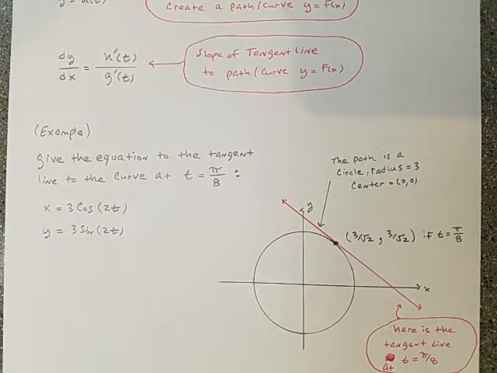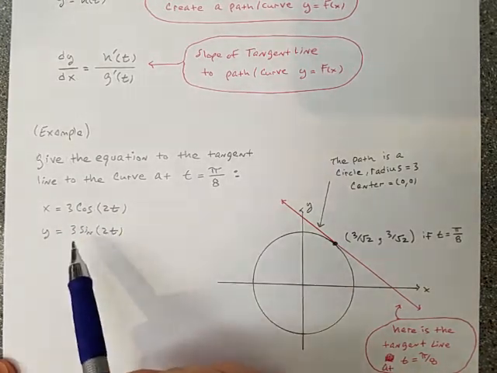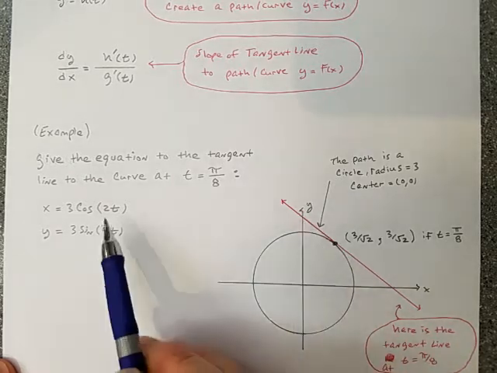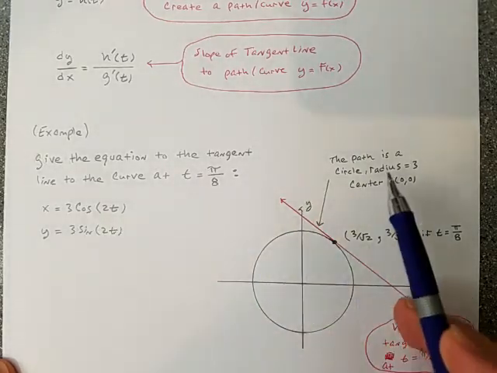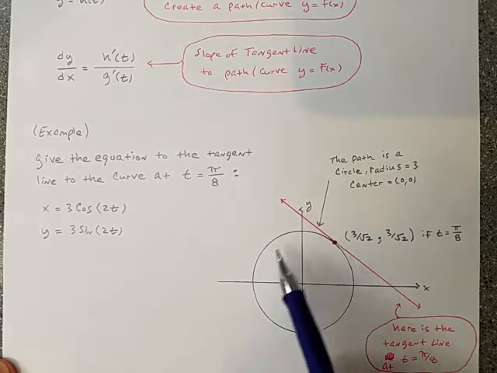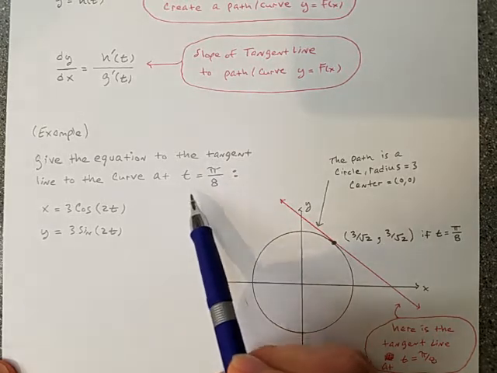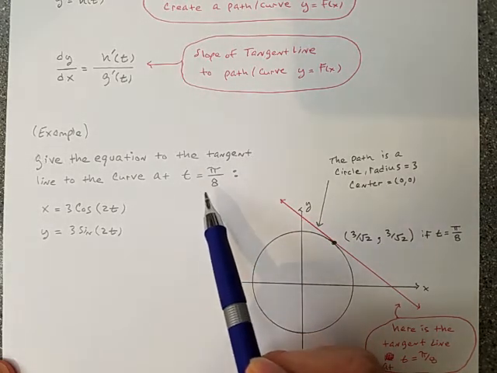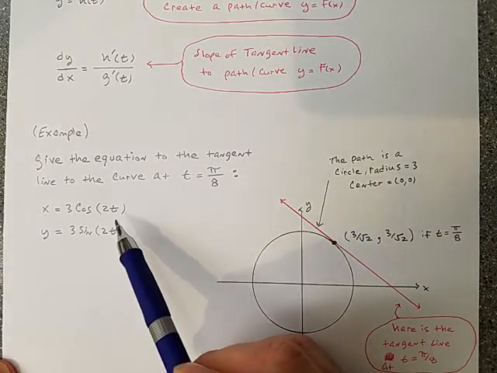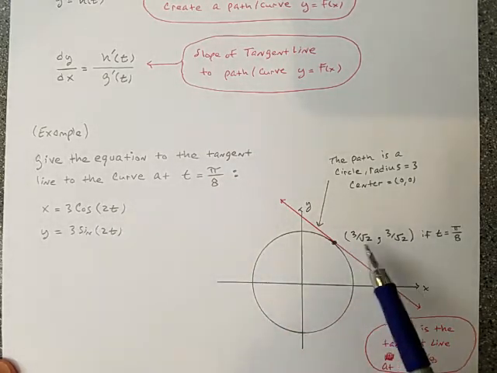Now, I'll explain this in a minute, but let's say for right now, the path, the curve on the xy plane determined by these is a circle that has a radius of 3 and a center at the origin, which I've sketched for you right here. Additionally, if you're interested in the point where t is pi over 8, if I just put pi over 8 for t and calculate x and y, I'll get that point.